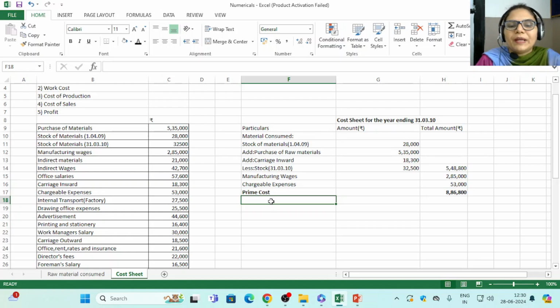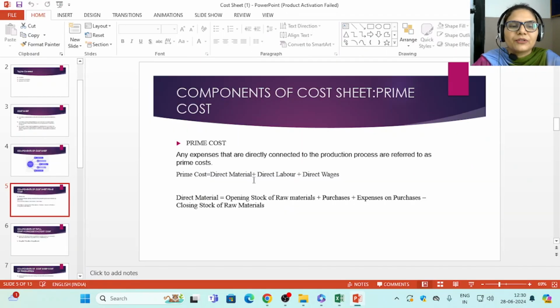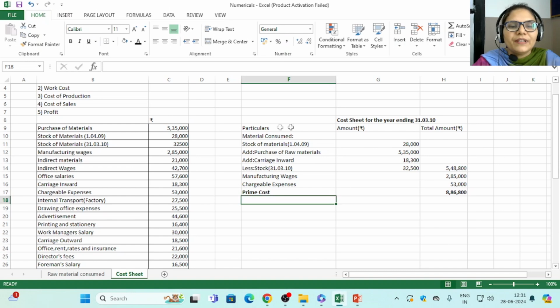After calculating prime cost, I again revert back to the previous session. Prime cost is equal to direct material plus direct labor plus direct expenses. So I think we have justified our equation. We have calculated direct material, direct wages and direct expenses, and we have summed up all these three and arrived at the final value 8,86,800. Next is factory overheads.